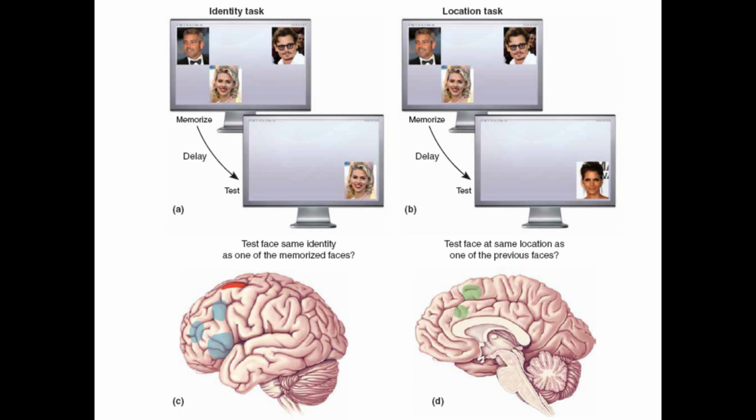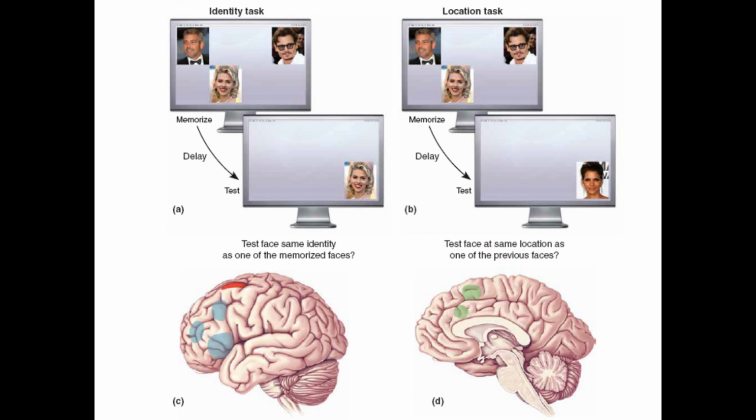So in this case you'll be wrong. That face was not in any position previously shown. But in the identity task, on the other hand, the test is correct. That face appeared on the first screen. So then C is showing the location, the brain areas activated.